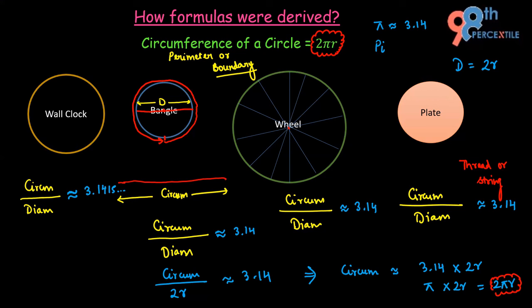You can do this experiment by taking any circular object, and you will find that the ratio of circumference to diameter will be approximately equal to 3.14. You'll get 3 maybe, but actually it will be 3.1415 and so on.